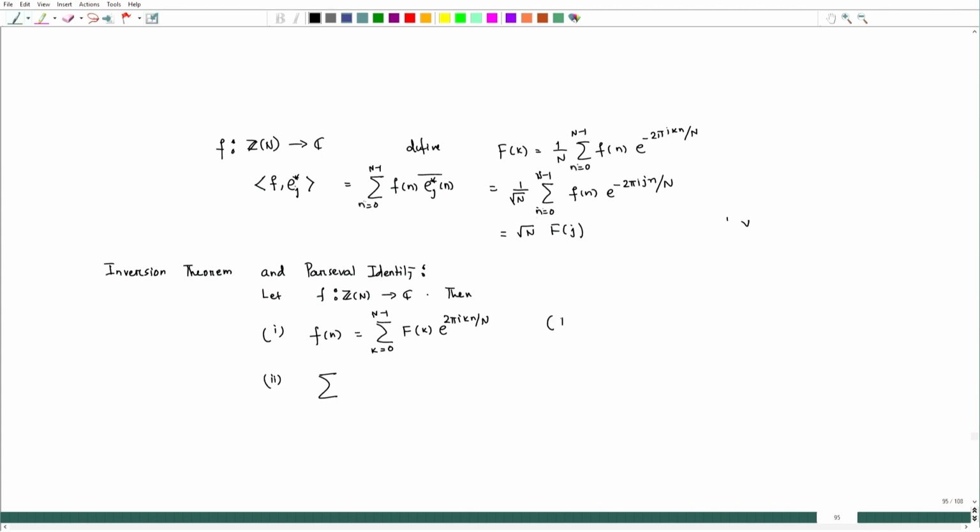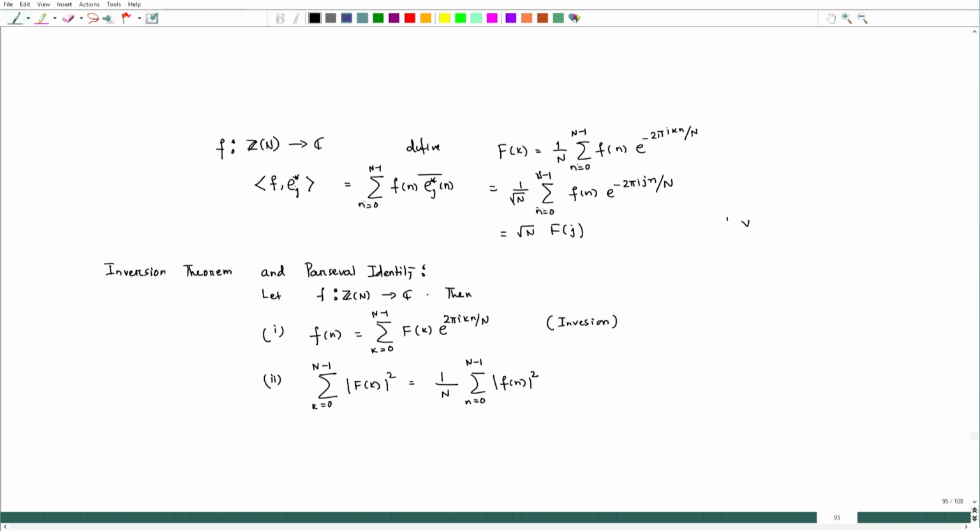This is nothing but the inversion. Summation of mod F k square is equal to 1 by n summation of mod f of n square.